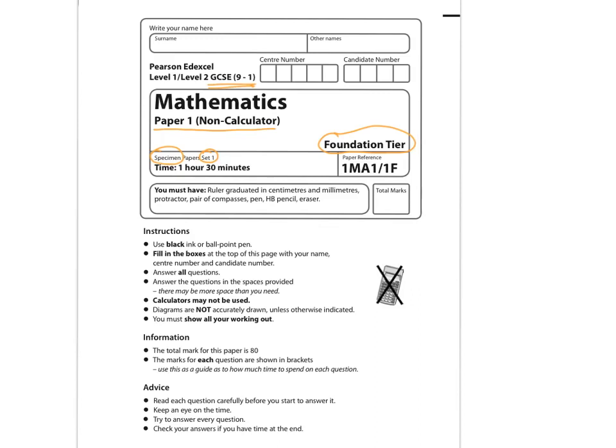I'm going to try and put a little grid of questions down the side, so you can just click on one of the questions and it will take you straight to the actual part in the video for that particular question. And that's going to take me quite a while to get those links sorted, but I'll try and do that for this paper, and then we'll just see how it goes. So good luck through the paper, and if you understand one of the questions very quickly, then just click to the next one. You don't have to watch all of it.